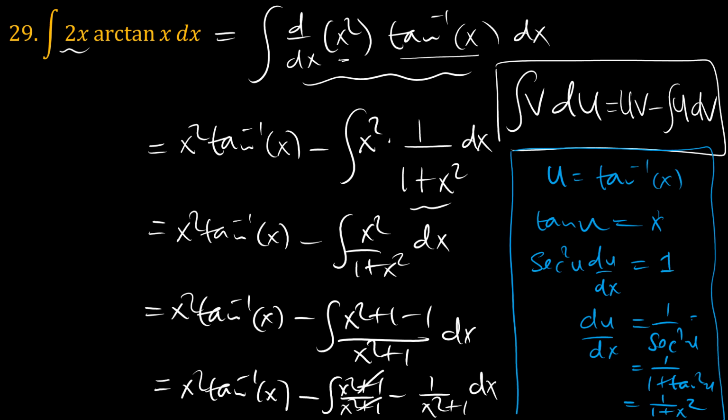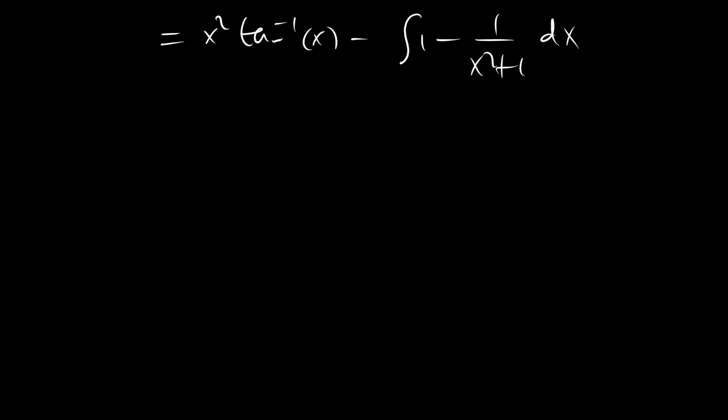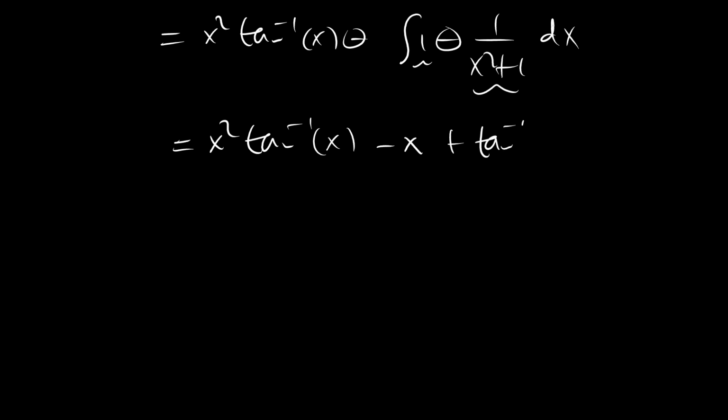And so we see this and that would cancel, so that we do have x squared arctangent of x minus the integral of 1 minus 1 over x squared plus 1. So the integral of 1 is x. We saw that the derivative of arctangent of x is 1 over x squared plus 1, so the integral of 1 over x squared plus 1 is the arctangent of x. So our answer now becomes x squared arctangent of x minus x, negative and negative, we have plus the arctangent of x plus the integration constant.